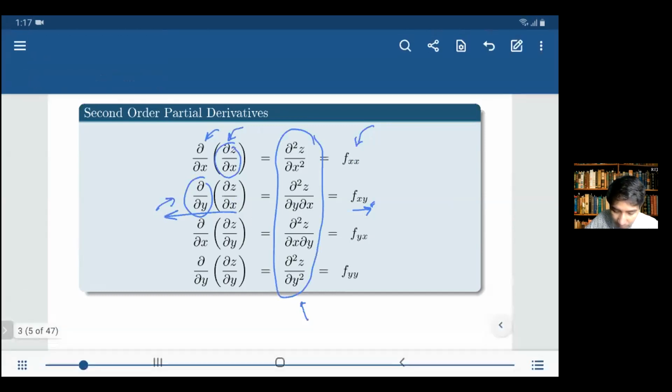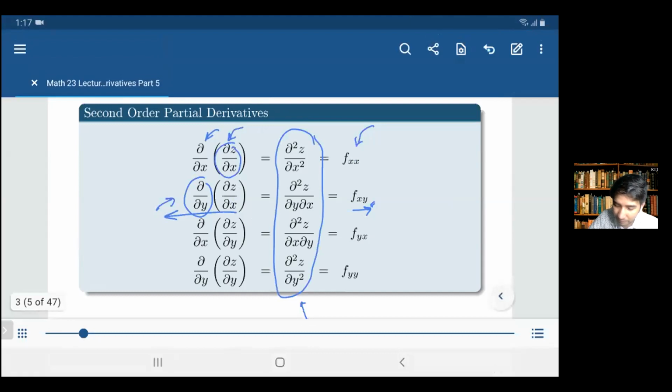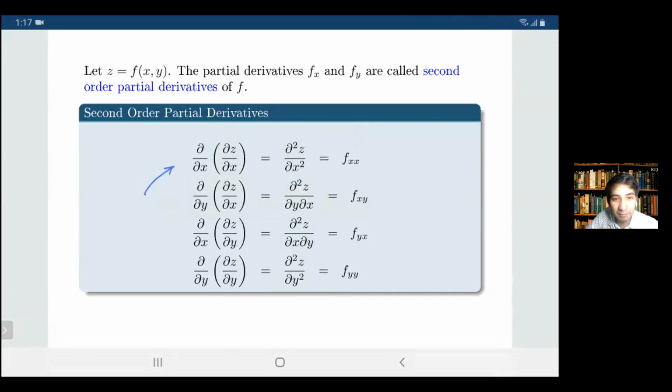So, halimbawa dito, teka lang linisin ko lang. Okay. So, halimbawa dito sa first expression, pag tinanggal niyo yung parenthesis, pwede niyong isipin yung sa numerator may dalawang partial sign, so partial squared.